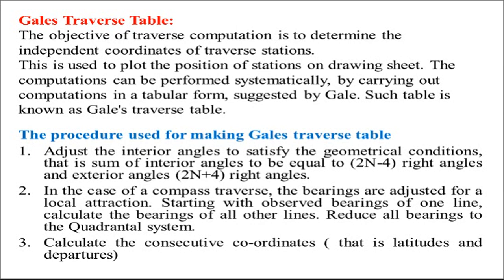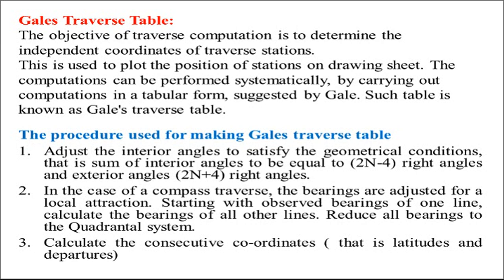This formula is used to find the sum of interior angles of the traverse, and the sum of exterior angles is equal to (2n plus 4) into a right angle, or we can say 90 degrees. So by this formula we can find the summation of all interior angles.